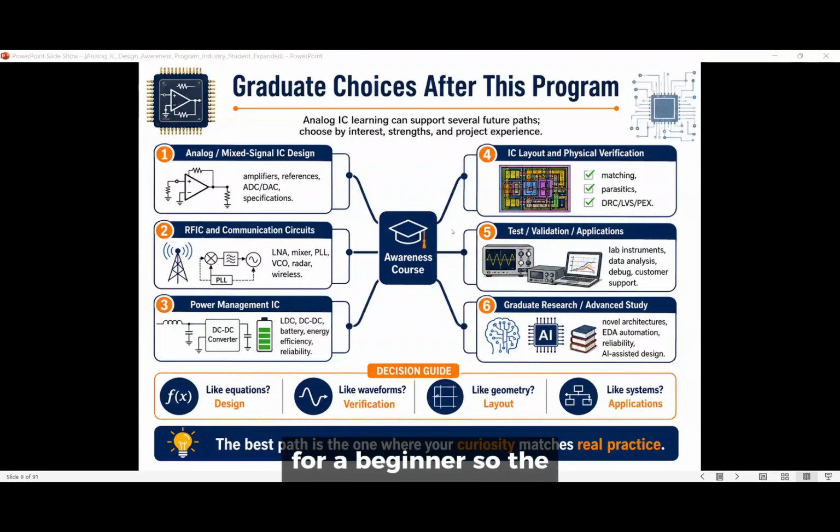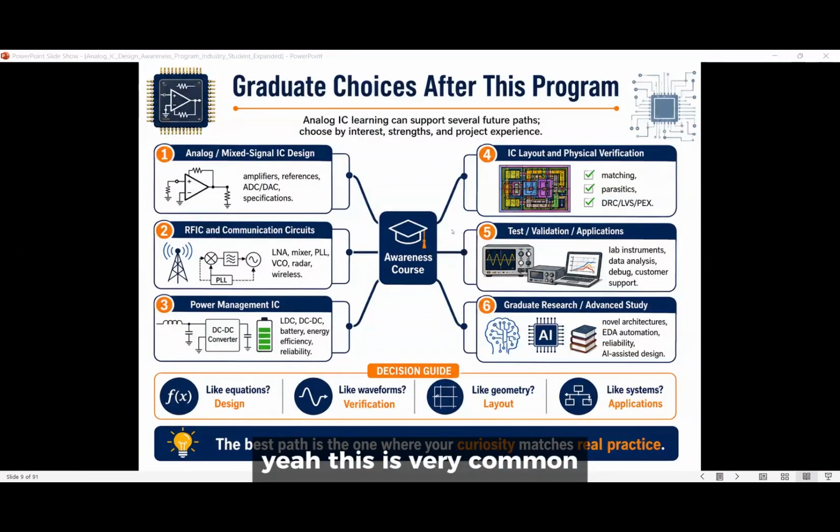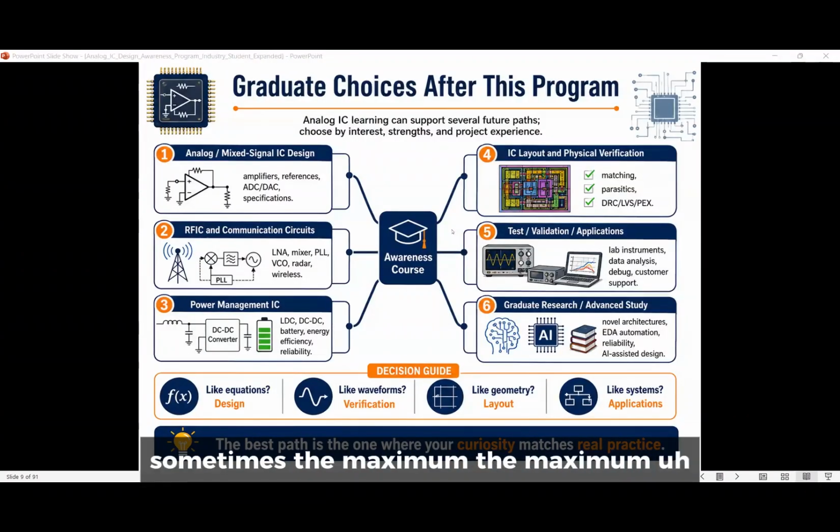For a beginner, it is common that the measurement result is quite different from the post-layout simulation. Sometimes the measurement equipment or the environment can vary the result, so you have to debug when this difference comes.